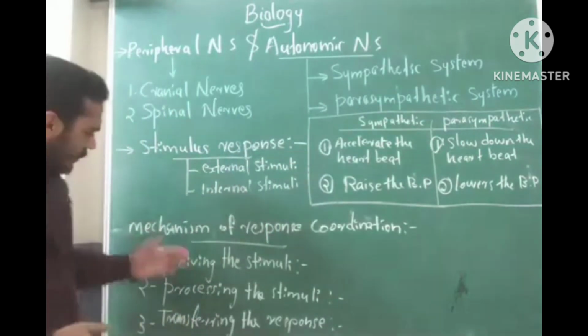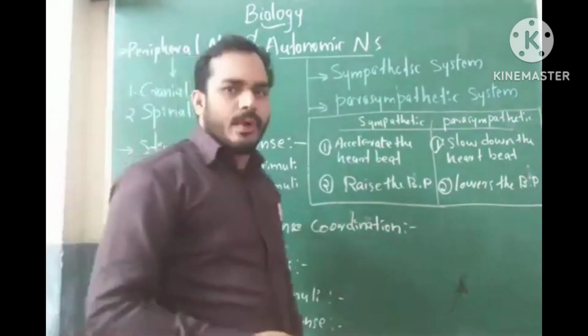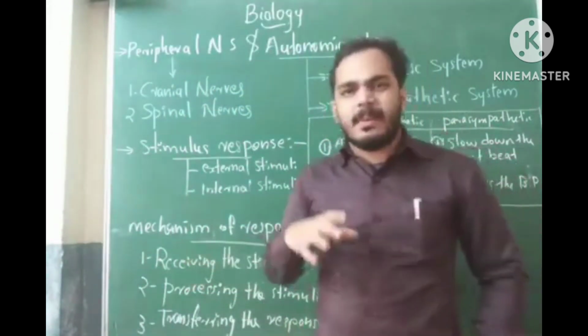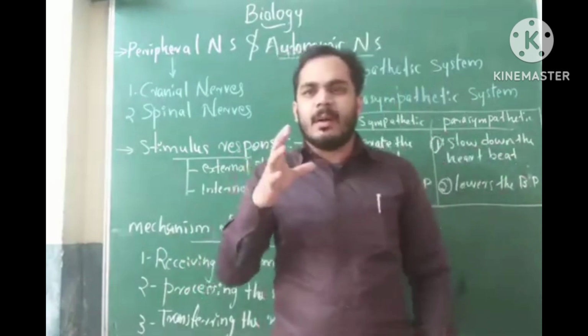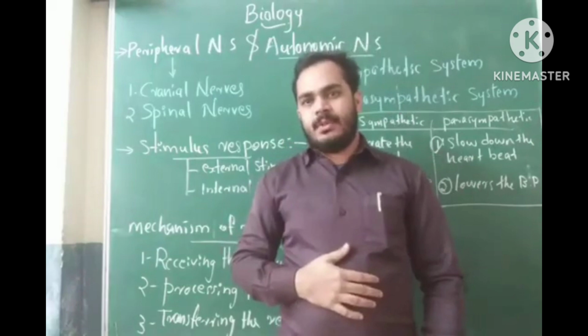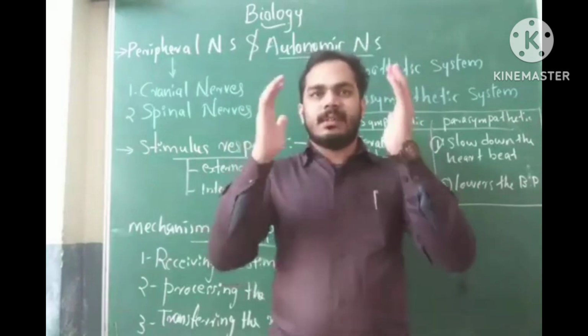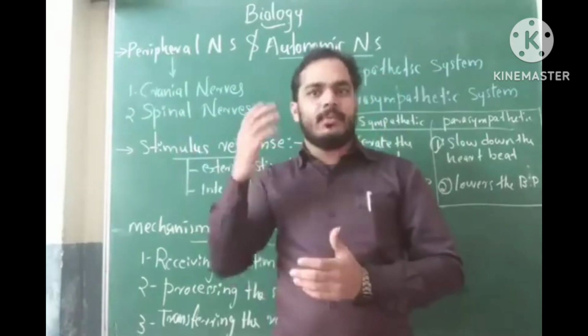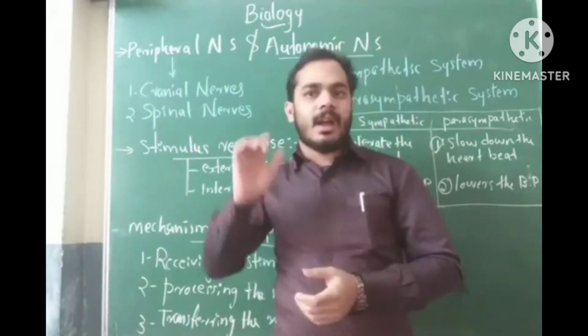The next one, the mechanism of response coordination. What is meant by mechanism? It is a particular pathway, a step-by-step process. For example, a message is coming from the outside, such as sound.